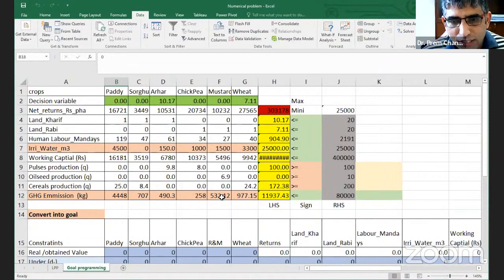Note that in GP, all the objectives and constraints become goals. Here, our objective was maximization of net return, so it becomes a goal. Also, minimization of water becomes a goal.